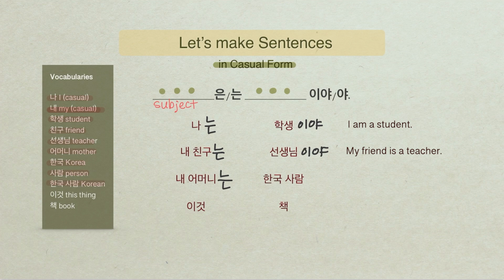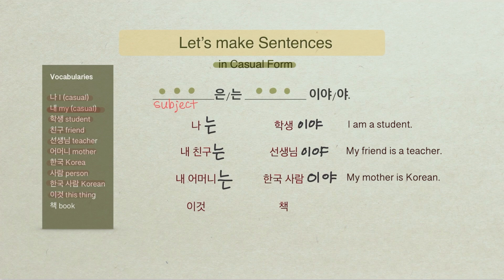Korean person, 한국 사람 ends in consonant, so we have to use 이야. 한국 사람이야. Full sentence. 내 어머니는 한국 사람이야. My mother is Korean.